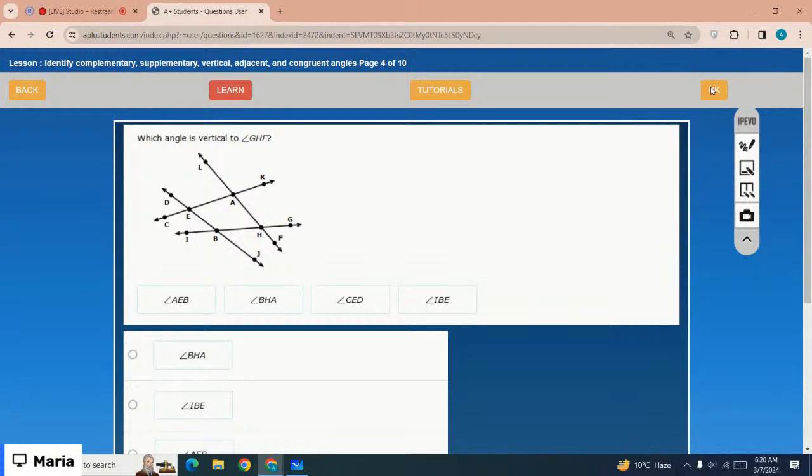Angle BHA is vertical to angle GHF. The correct option is angle BHA.